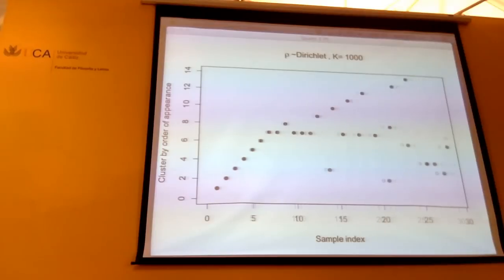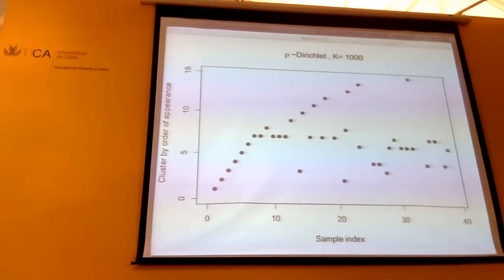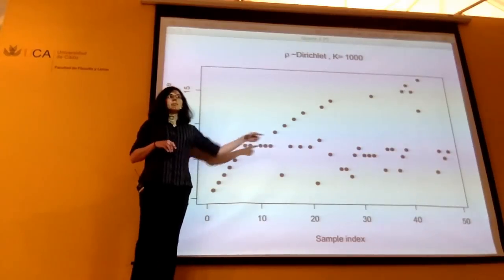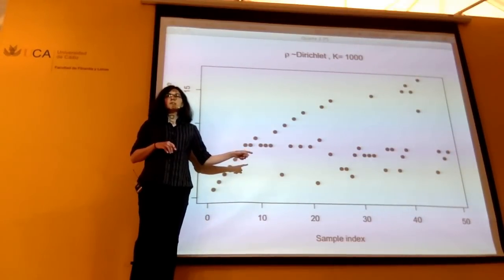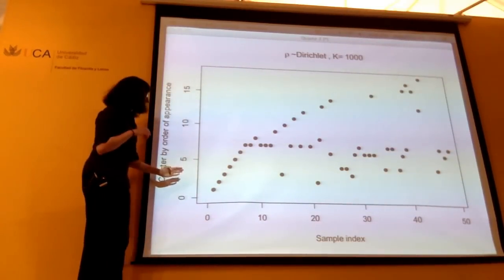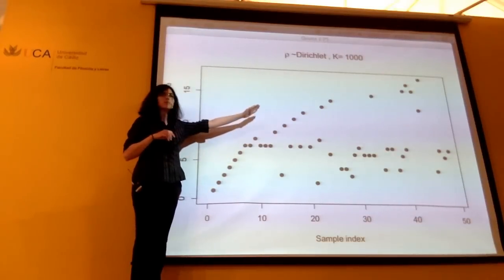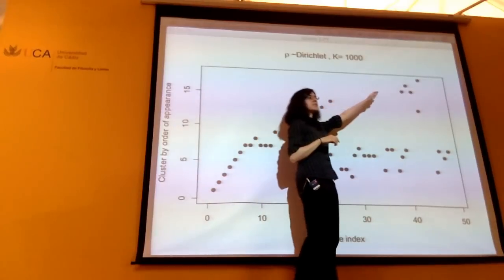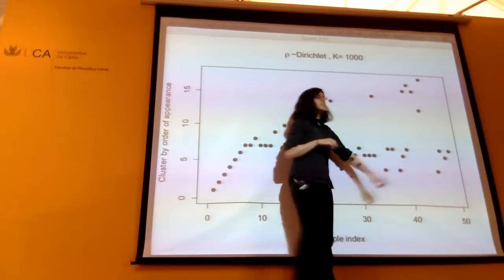And an interesting thing to note about this is we definitely have a lot of data points, even pretty early on, that are belonging to the same cluster as previous data points. But another really interesting thing to note is that the maximum that we've attained so far is the number of clusters. And so in some sense here, we're plotting the number of clusters as a function of the number of data points.